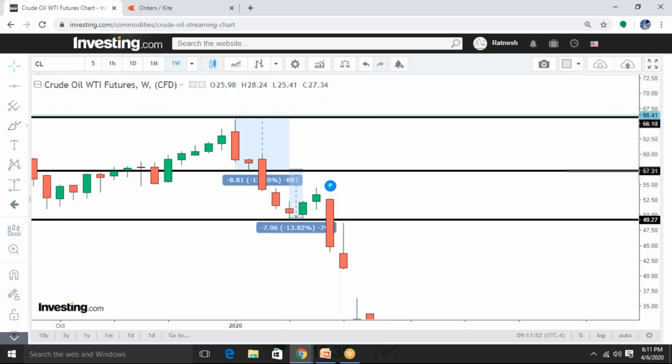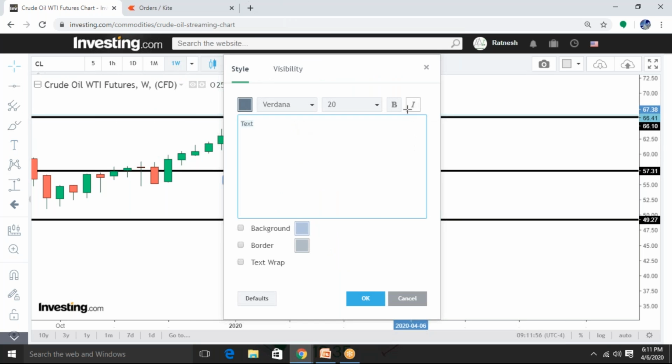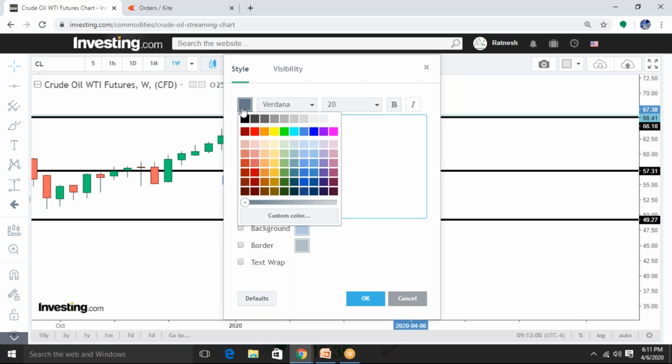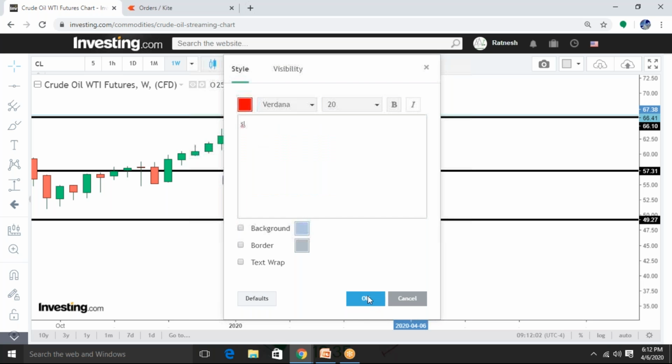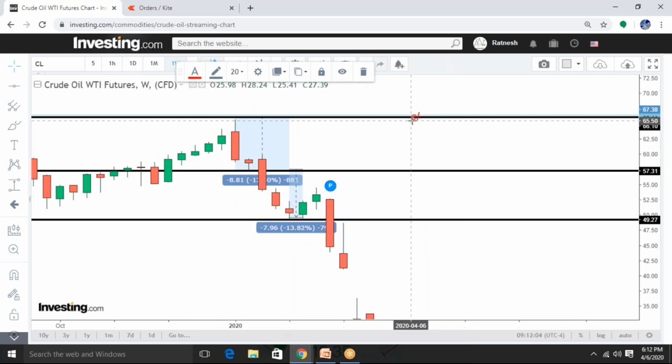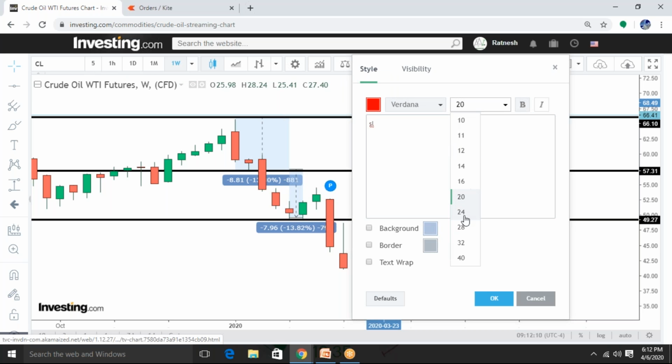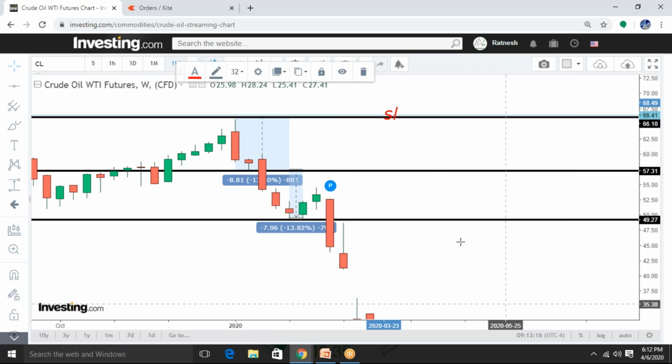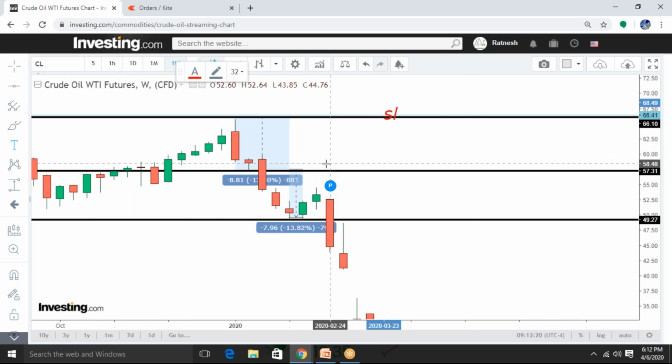This was the stop loss, and this was the entry point.